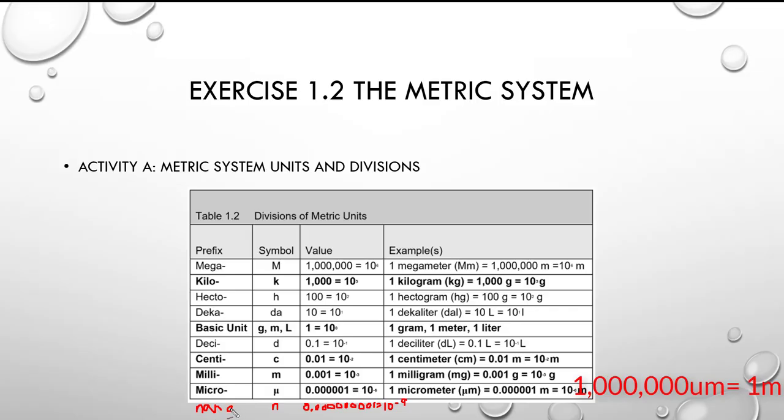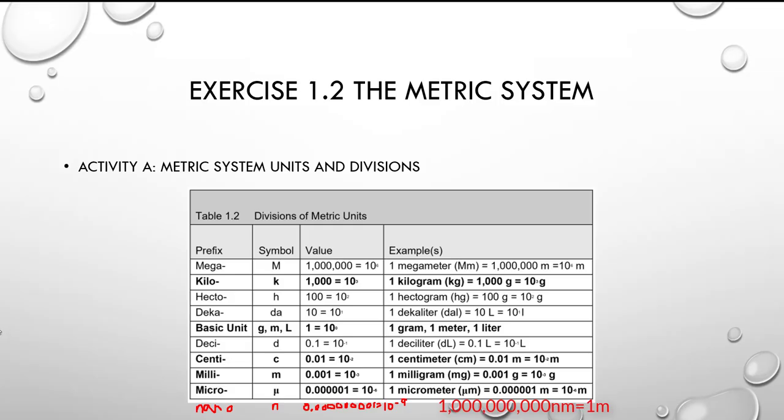Okay, and then nano is N. And it's basically 10 to the minus 9. So I could have 1 billion nanometers in a meter, or 8 zeros and a 1 meters in a nanometer, or 10 to the minus 9.